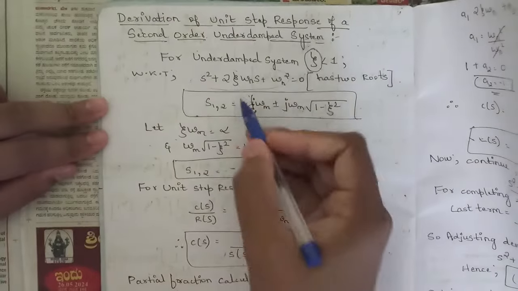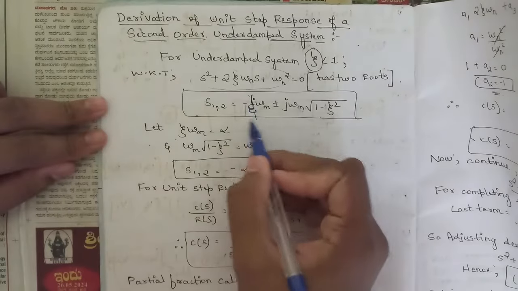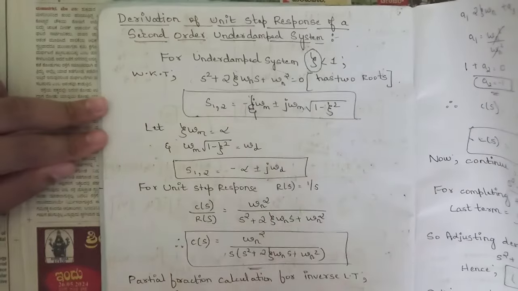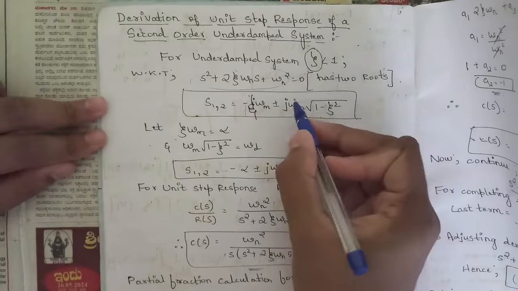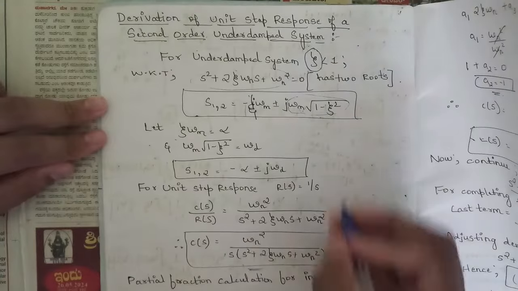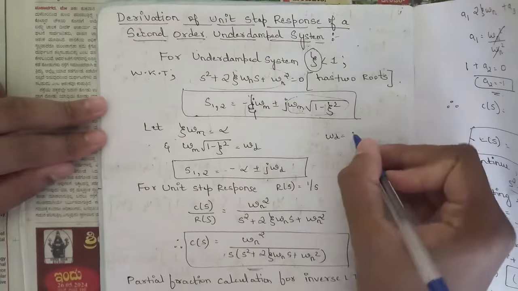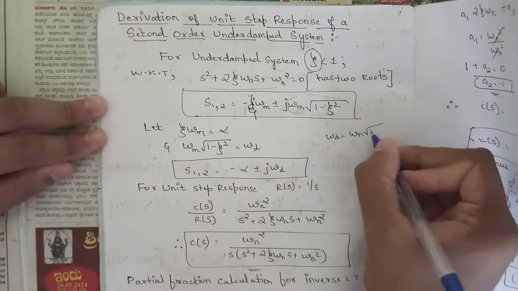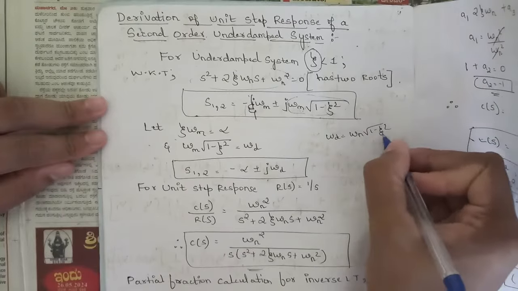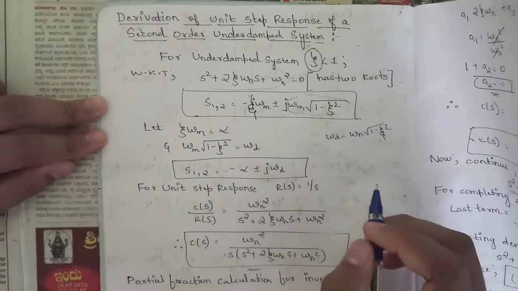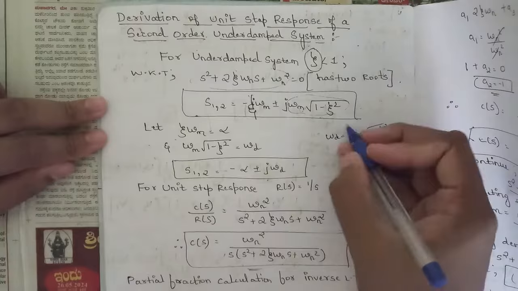Now in this equation, put the value of zeta omega n equal to alpha. Similarly, omega n into square root of 1 minus zeta square is equal to omega d. Yesterday we have seen that relation, right? Omega d is equal to omega n into square root of 1 minus zeta square, where omega d is the damping frequency and omega n is the natural frequency of oscillations.